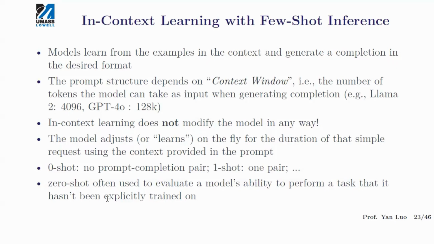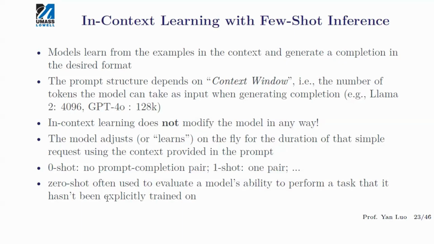Also, models can learn from examples to generate the desired completion in the desired format. The prompt structure depends on the context window, basically the number of tokens the model can take as an input when generating a completion. If you keep asking questions and keep having the conversation, your chat window will grow continuously.